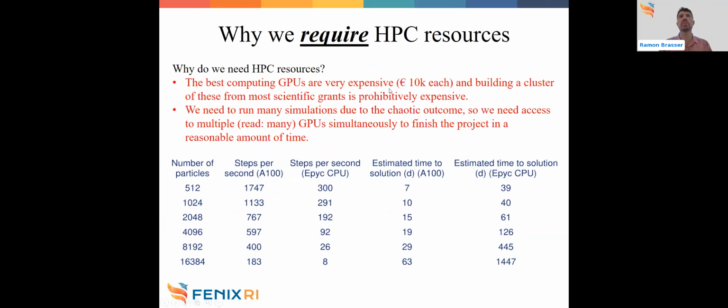So of course, one thing is that these GPUs are extremely expensive. So if I want to build a cluster with, let's say, 10 of these cards, that's 100,000 euros just for the cards. Then I don't have the computers and I don't have the electricity and I don't have all the other infrastructure. So you're looking at, you know, at least $250,000 just starting, and then you only have 10 cards, right?